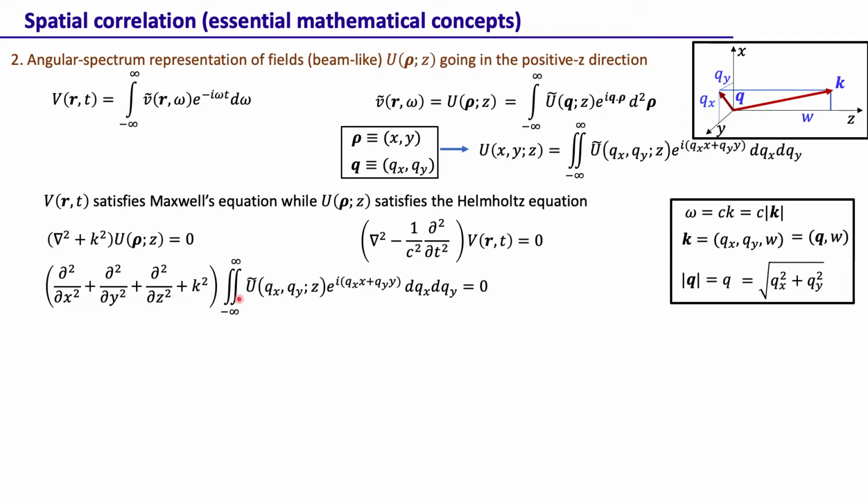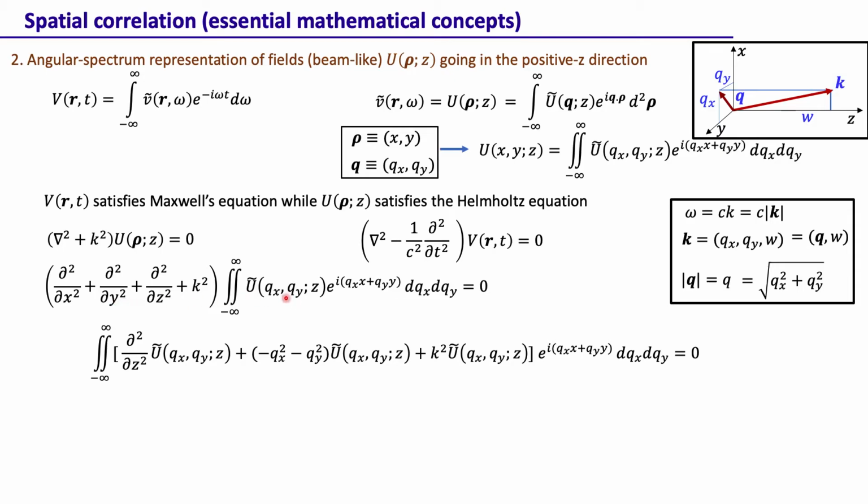So these will then act on these two quantities. Now in this integral the variables are qx, qy, but these operators are x, y, z and just k, and we see that there are two terms. So if we just do these operations, this is what we get.